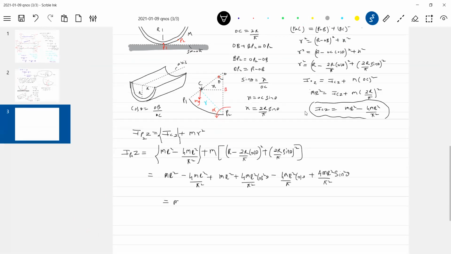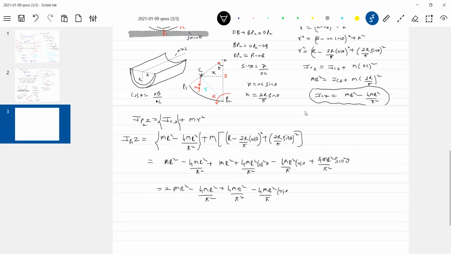So this will become 2. Check once, minus 4 MR square pi square. So these two will get cancelled out, so I'll end up with the equation. Check once, all of you. I think, is it okay?